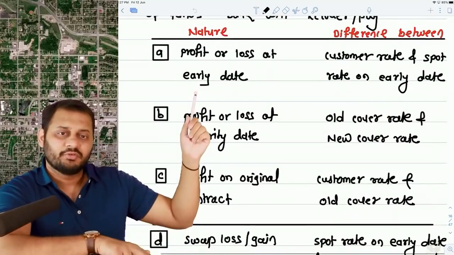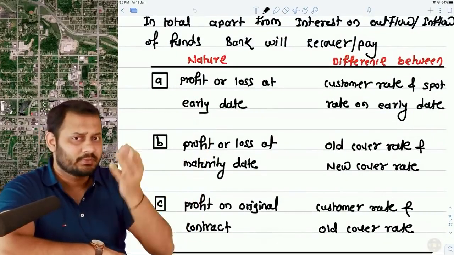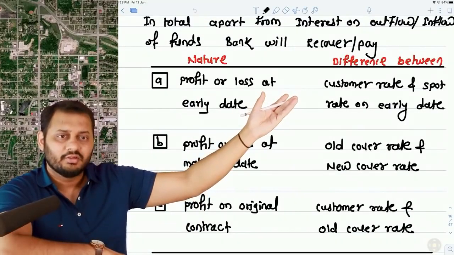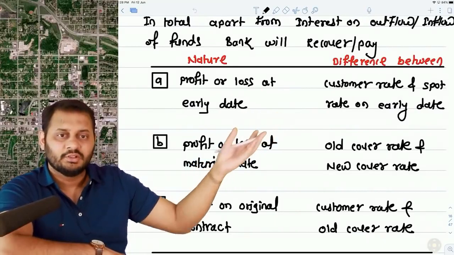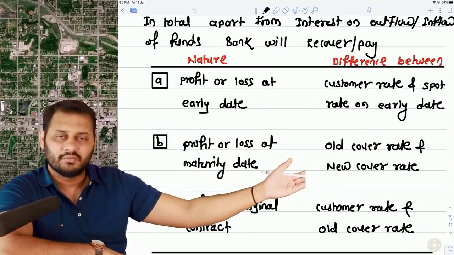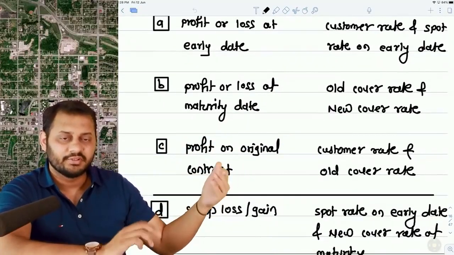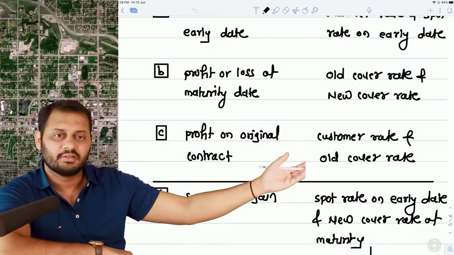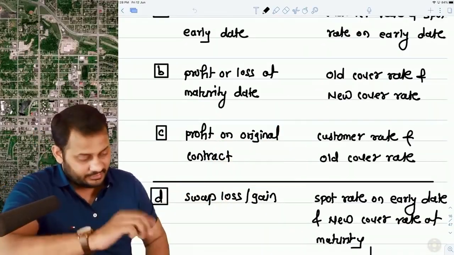Now, what is the profit or loss on early date? The agreed rate at which the customer took the delivery and the spot rate. On maturity, the old cover contract and the new cover rate, the difference between these two. And profit on the original contract is the difference between the customer rate and the original cover rate.